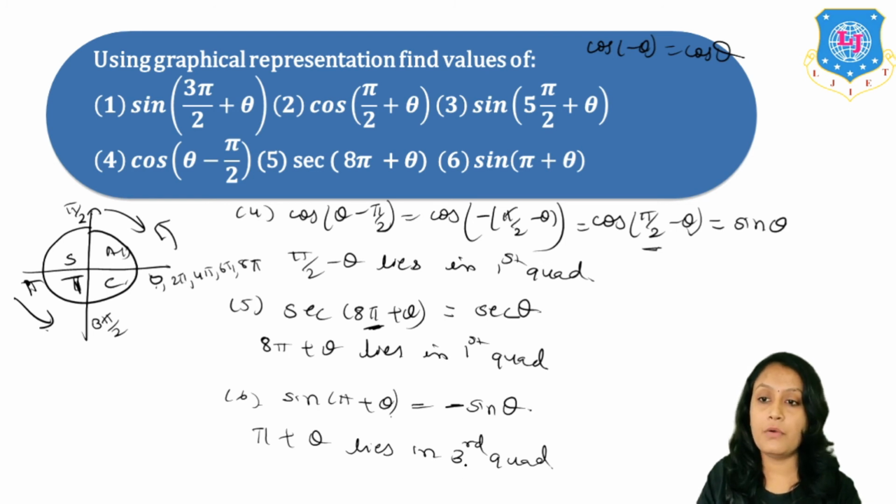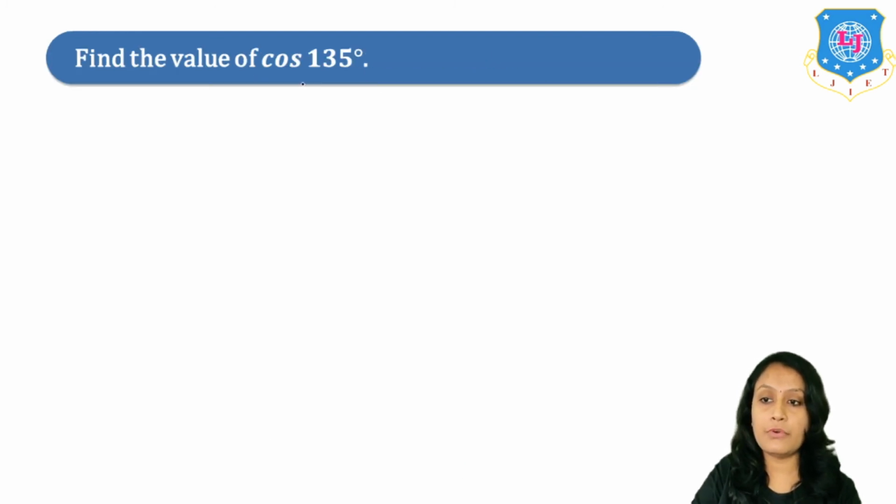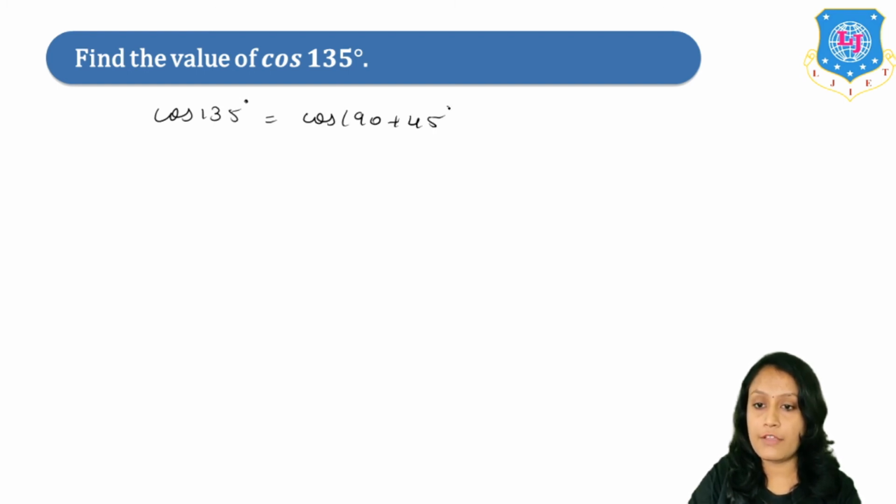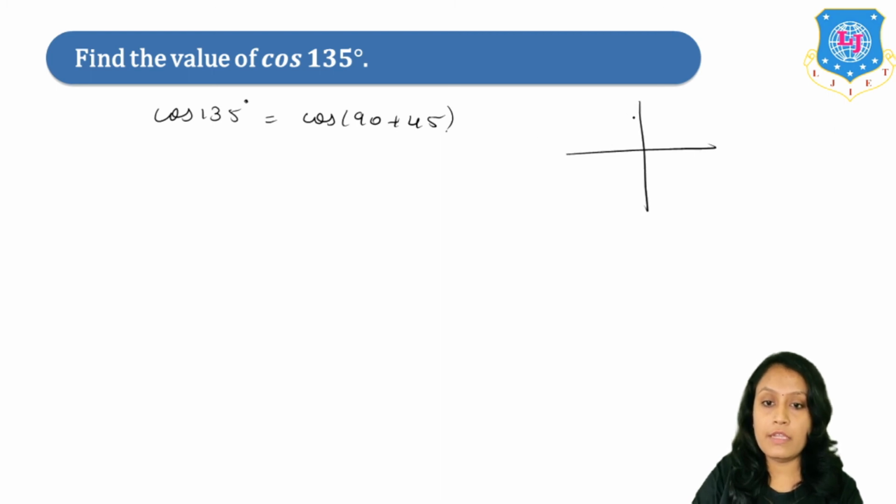All right, now let's solve one more example. Here we have to find the value of cos 135 degrees. So we write cos 135 as cos of 90 plus 45. Again we'll draw this: this is 0, here we have pi by 2, here pi, 3 pi by 2 and so on.